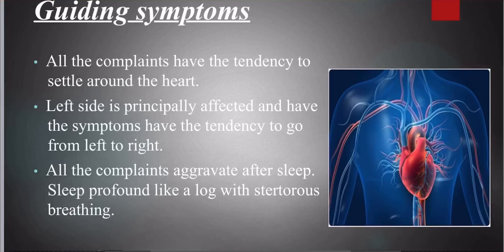Hope the first three points are clear. All the symptoms settle around the heart. Then it is left-sided, and symptoms will move to the right. And when are they aggravating? After sleep, and the person sleeps like a log with noisy, stertorous breathing.